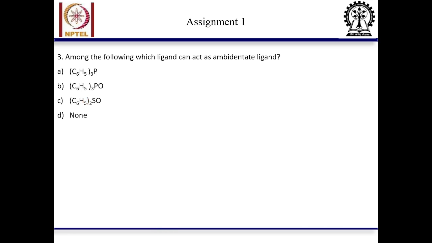So among the following, which ligand can act as an ambidentate ligand? Option C is triphenyl phosphine or triphenyl phosphine oxide, or diphenyl sulfoxide. Option D is none. Can anyone write in the chat box what will be the answer for this question?